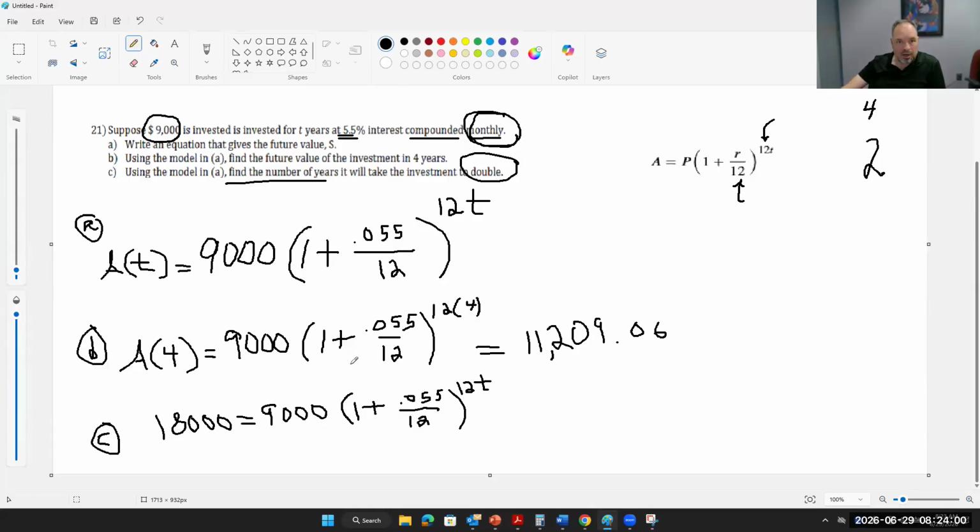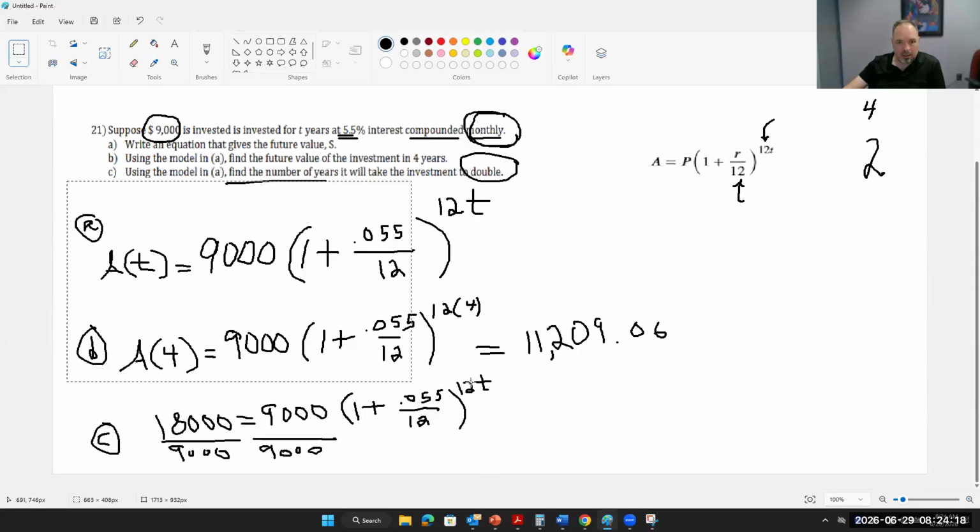If I divide both sides by 9,000, now I'm gonna erase some of this stuff because I need the space.